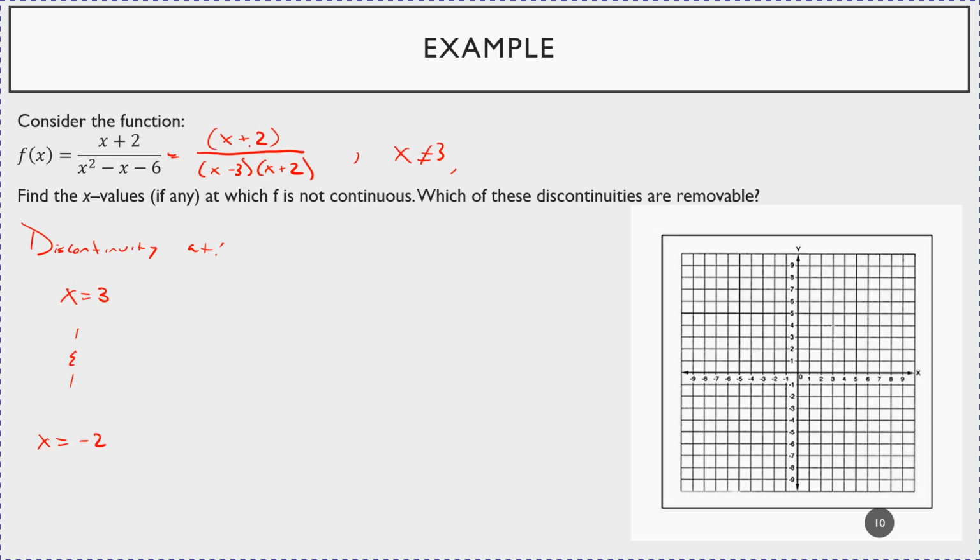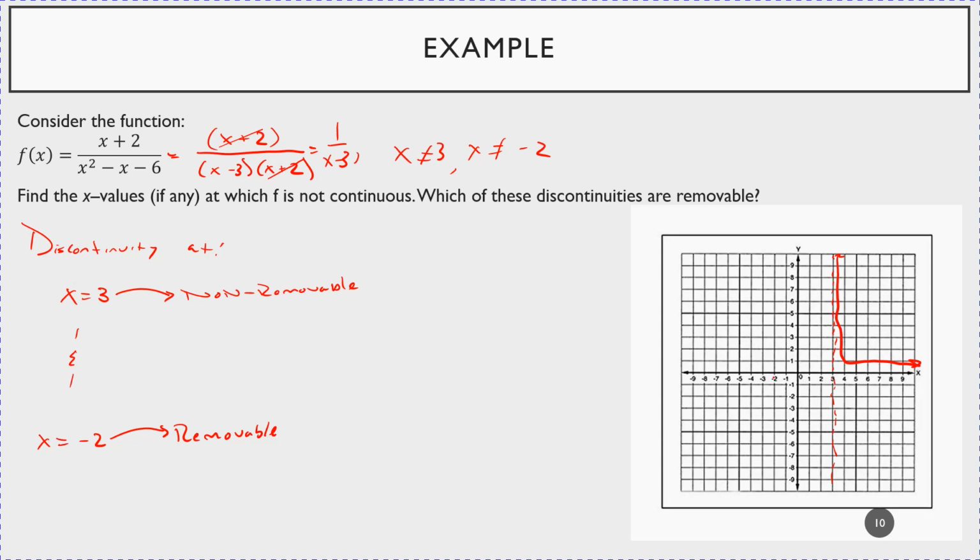But notice what I'm going to do is cancel out. When I cancel out this factor, it's removable. And I'm just left with the x minus 3, which means I have discontinuity at x is equal to 3. This is non-removable. If you were to plug this into your graphing calculator, hopefully remembering from pre-calculus, it's just going to look like this.